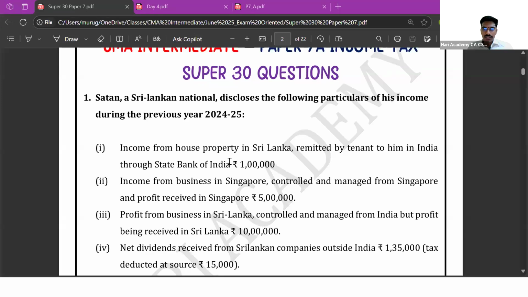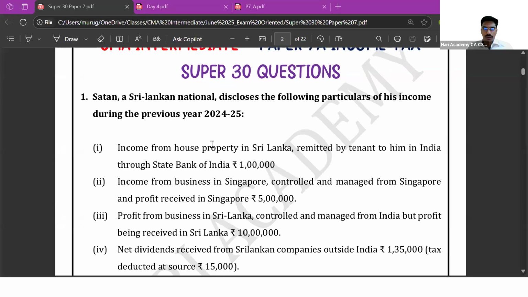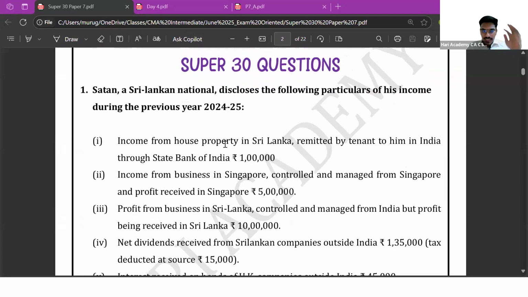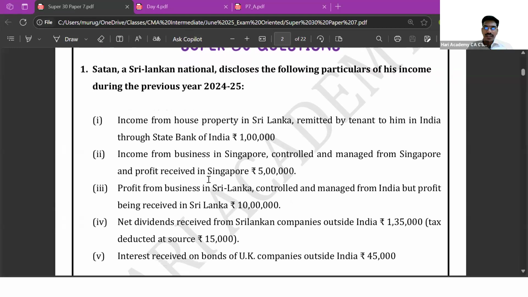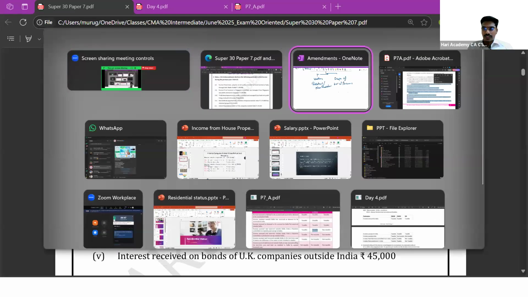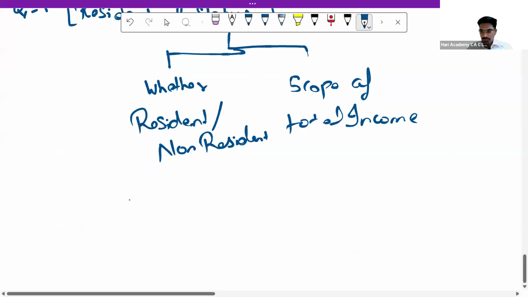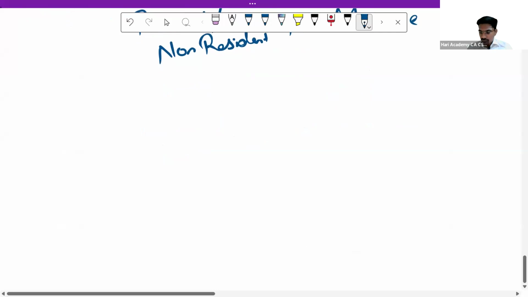Sathan, a Sri Lankan national, discloses the following particulars of his income during the previous year 24-25. So the assessment year is 25-26.